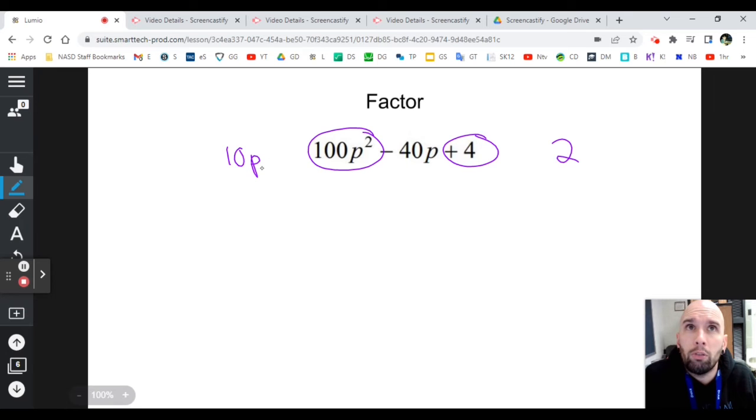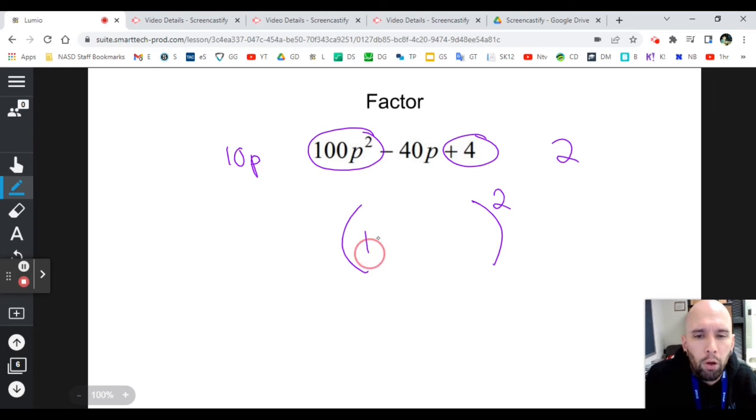Multiply 20 times 2 and you get 40. 40p, there it is. Square it. 10p goes first, 2 goes second. That's a negative, so you're a negative. Done. It's not that bad once it clicks.